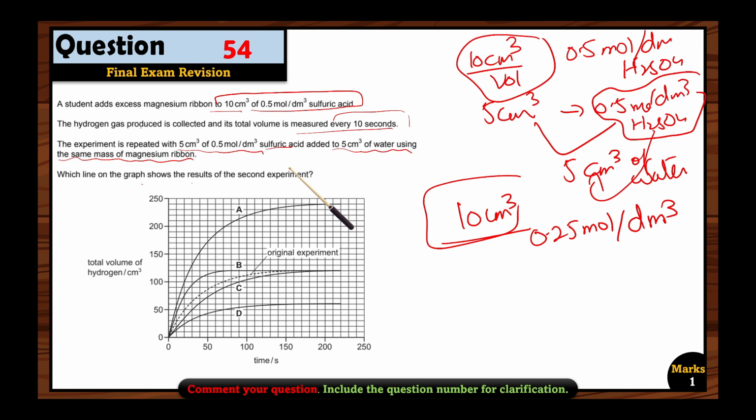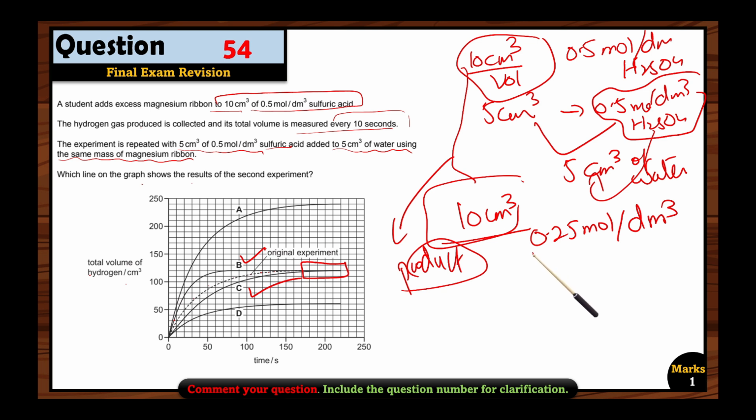In the second experiment the volume is the same, so the product will be the same. This dotted line is the original experiment, so the volume of hydrogen gas should also touch these dotted lines. So option B or C can be the right option.